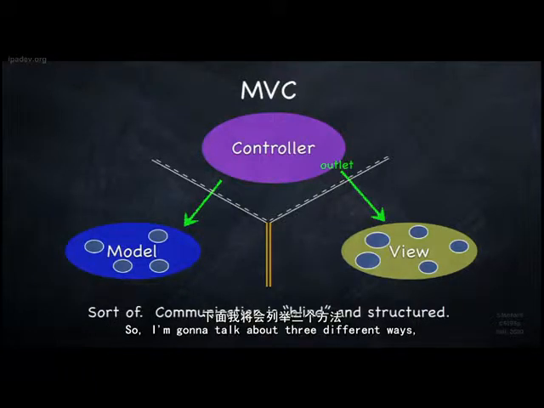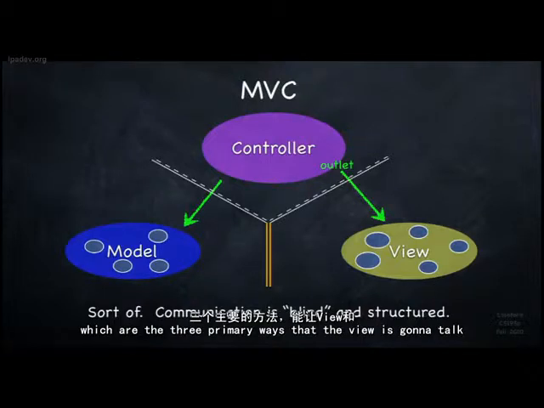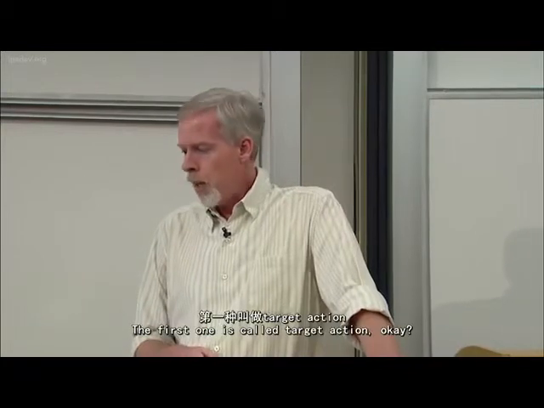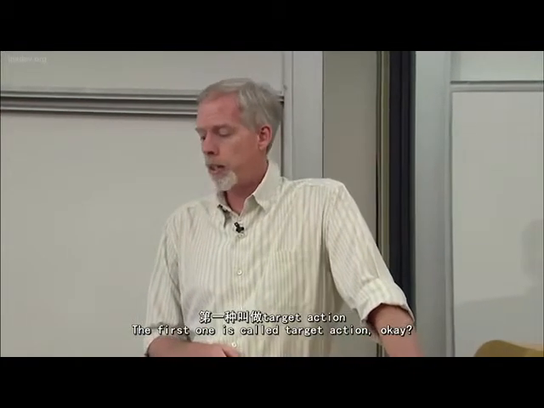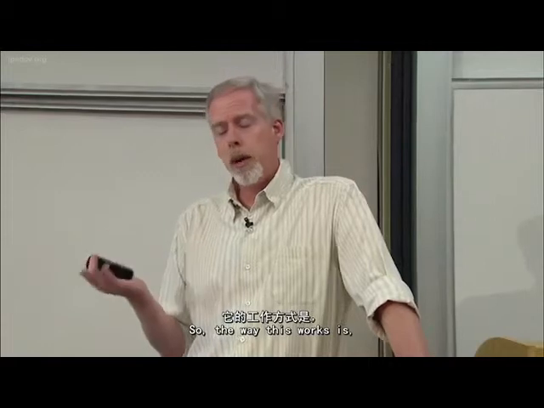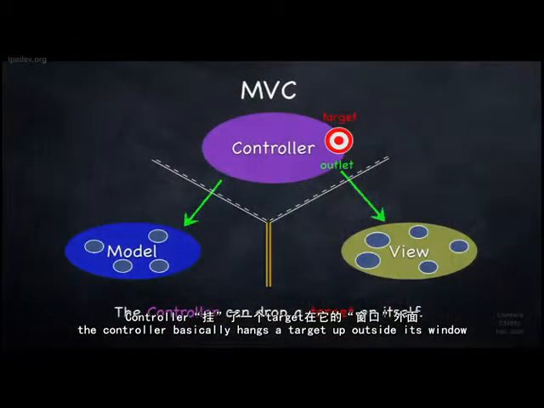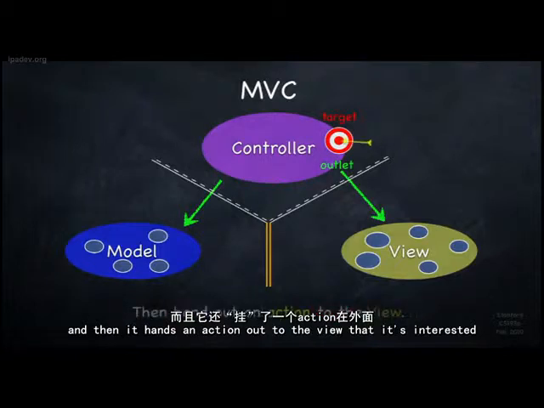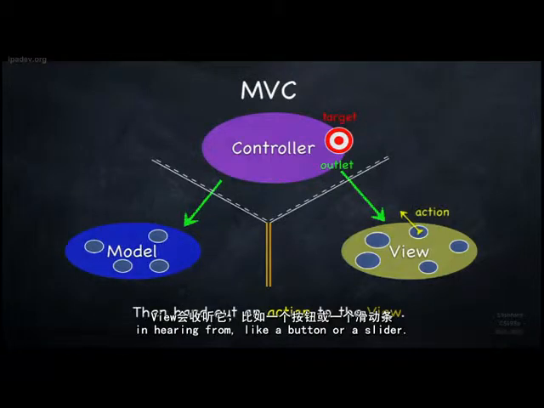Okay? So I'm going to talk about 3 different ways, which are the 3 primary ways that the view is going to talk to the controller. The first one is called target action. The way this works is the controller basically hangs a target up outside its window, and then it hands an action out to the view that it's interested in hearing from, like a button or a slider.